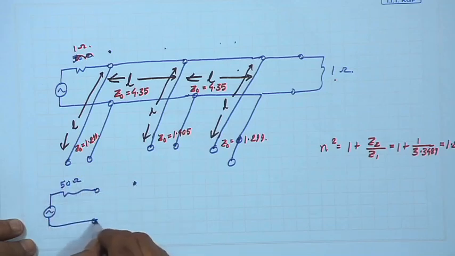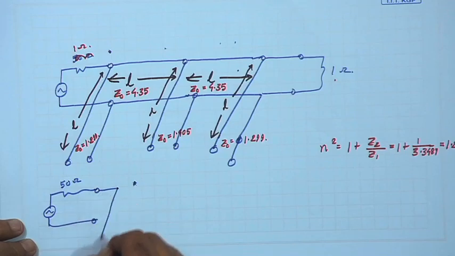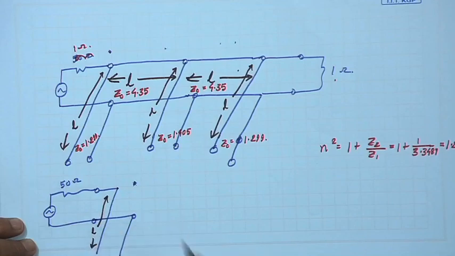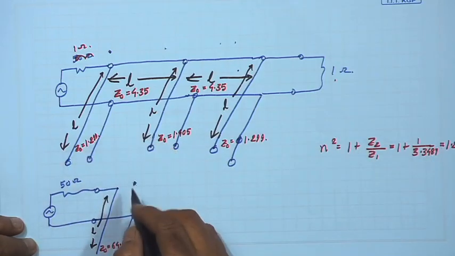Then I will have this stub of length L again, and Z naught is this 64.9 ohm, just scaled up by 50 into this.